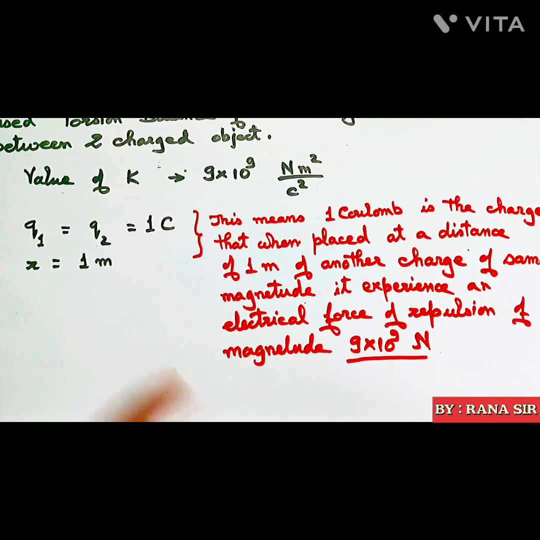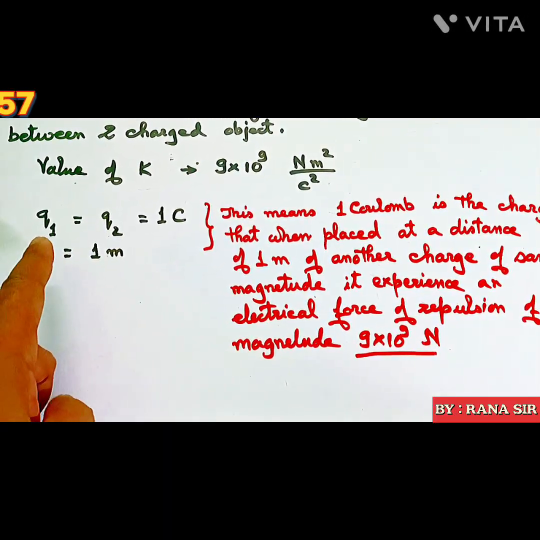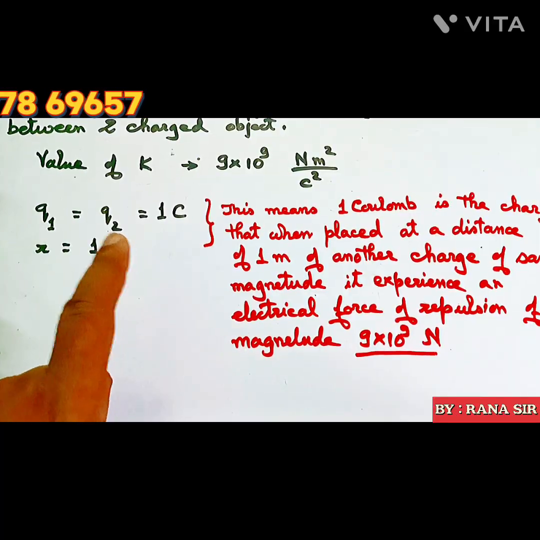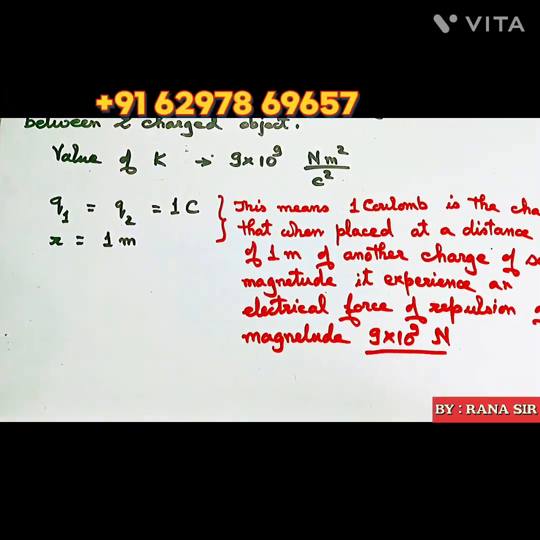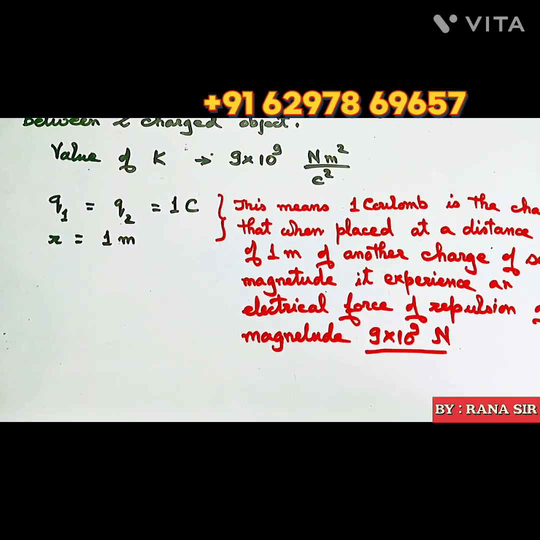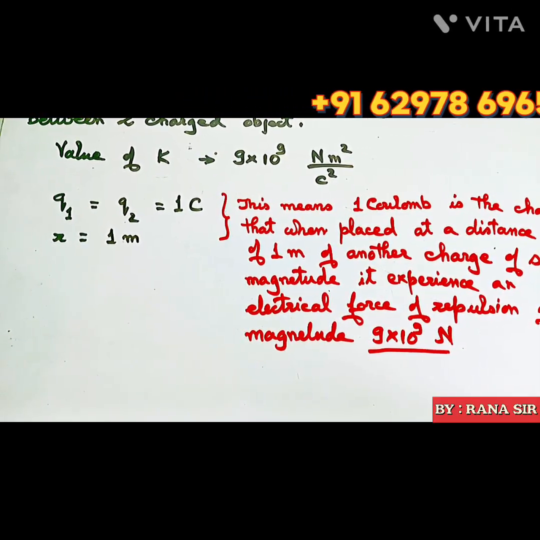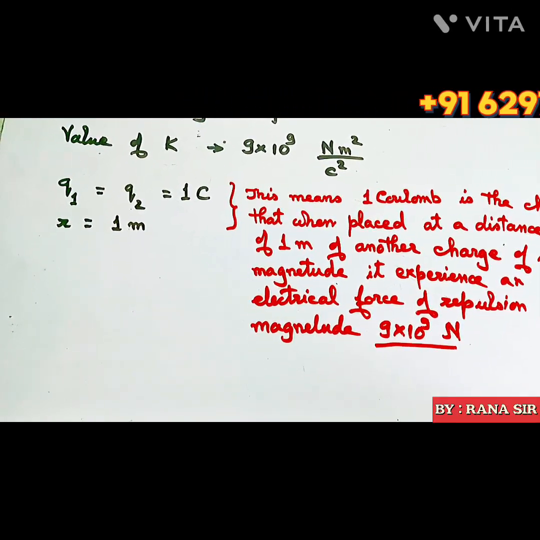Now suppose Q1 equal to Q2, charge 1 equal to charge 2 equal to 1 Coulomb. So Q1 and Q2 are 1 Coulomb. And R is equal to 1 meter. So two charges are at a distance of 1 meter.